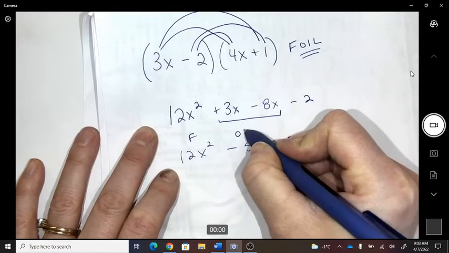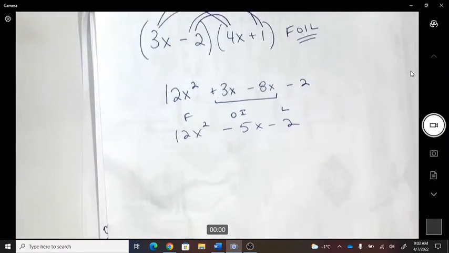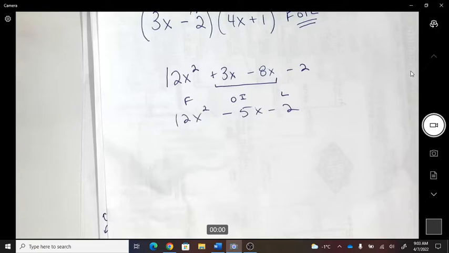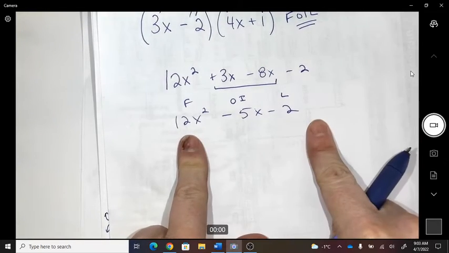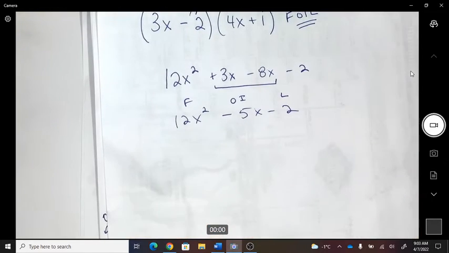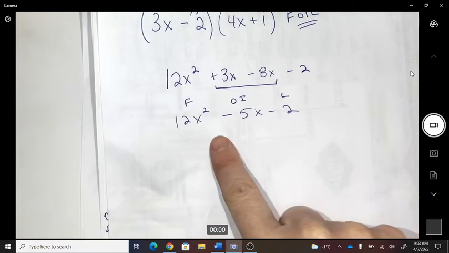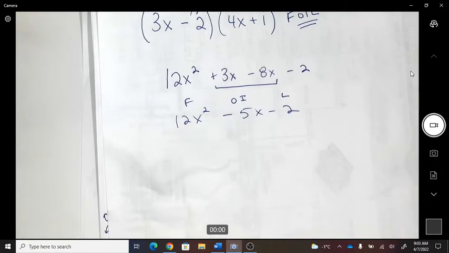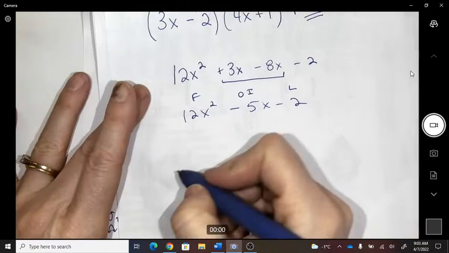So this is how, when I look at a trinomial, this is how I think about it. This is always the first, the last, and this part is always the combination of the O and I. Okay, so let's think about how we can go from here back to the factors.